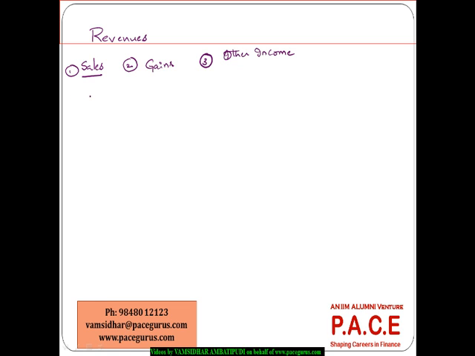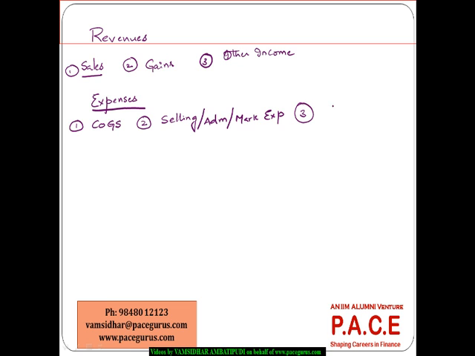Similarly, on the other side, we could have the expenses element, which could contain different kinds of expense accounts like cost of goods sold, whatever the cost associated with the goods that are sold, the selling expenses, administration expenses, marketing expenses, all those kinds of expenses that are related to the goods that are typically sold.